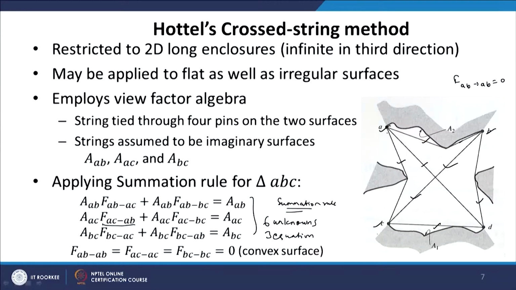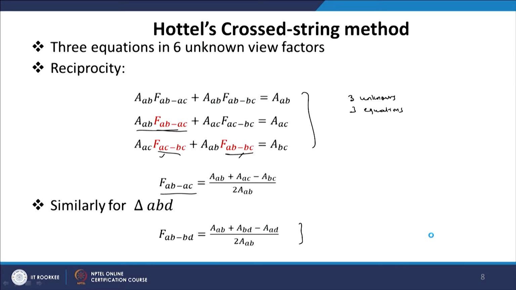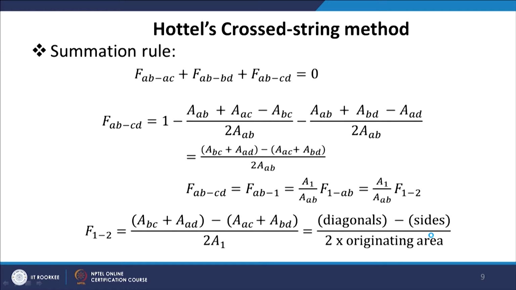Okay. Now, again we apply the summation rule. Okay. So, we have the ABCD quadrilateral, we apply the summation rule and we get another relation: F_AB to AC plus F_AB to BD and F_AB to CD is equal to 0. Again F_AB to AB is equal to 0. So, we again apply the summation rule. Okay.